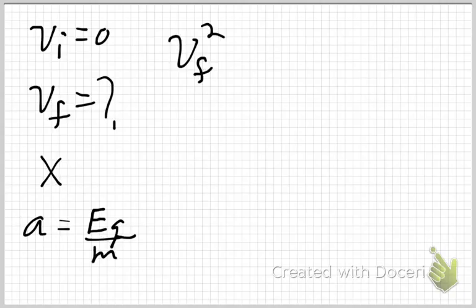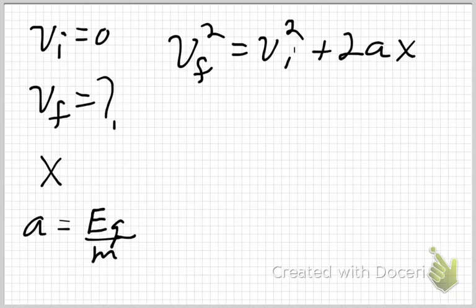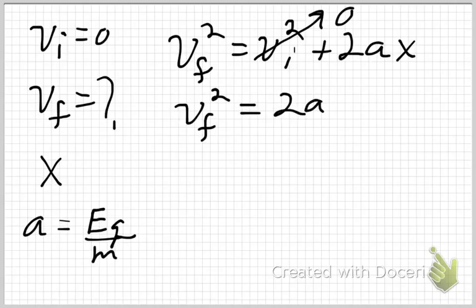Velocity final squared equals velocity initial squared plus 2ax. Your initial speed is 0, so that goes away. Velocity final squared equals 2ax. Let's substitute in for acceleration.